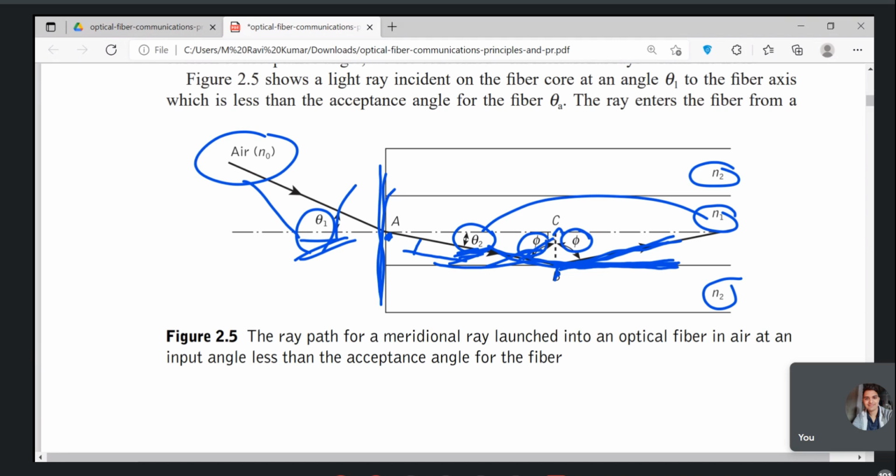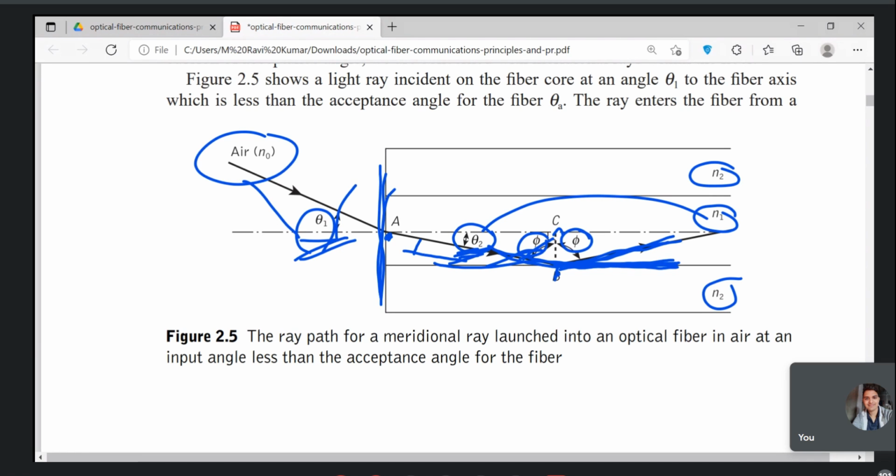Does it clarify things? Actually, I was asking about subsequent reflections that will happen to the same ray, not only the first reflection. Subsequent reflections, as long as the fiber is along a straight line: if the first reflection is total internal reflection, then subsequently also you will have total internal reflection.